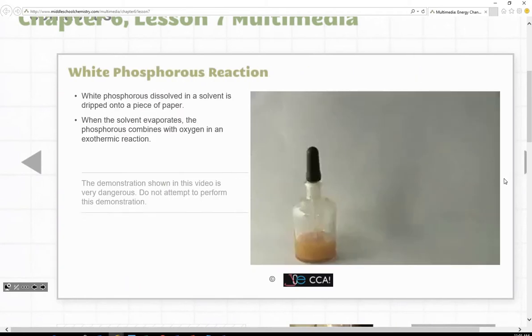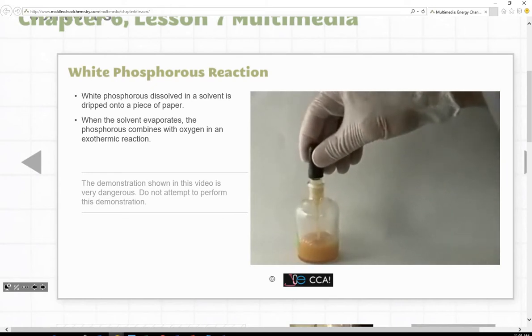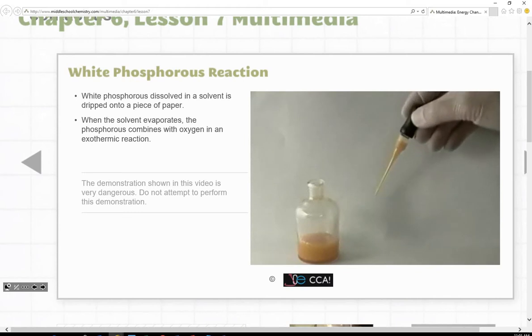Okay, going forward. This is white phosphorus in a solution of carbon disulfide. Let's see what happens with it. You can read the side here and sort of figure out what's going on. An element dissolved in carbon disulfide is taken into a medicine dropper and used to write on a piece of filter paper.